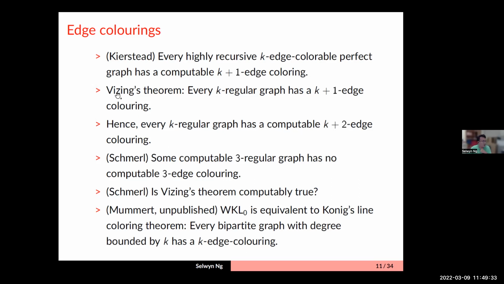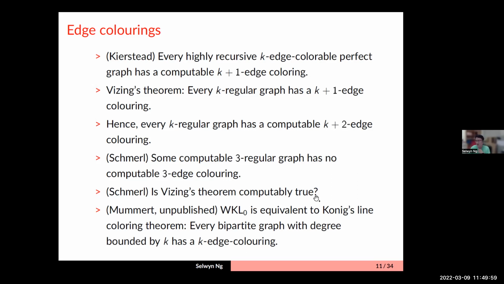So yeah, okay. Combining these two theorems, that actually tells us that every k-regular graph has a computable k+2 edge coloring, whereas Schmerl shows that you cannot replace k+2 by k. So there is a computable 3-regular graph that has no computable 3 edge coloring, which leaves the fascinating question of whether you can have a computable k+1 edge coloring. So namely, is Vizing's theorem computably true?